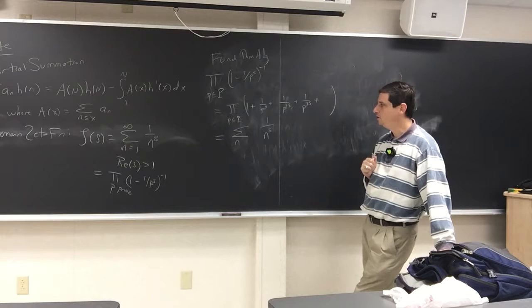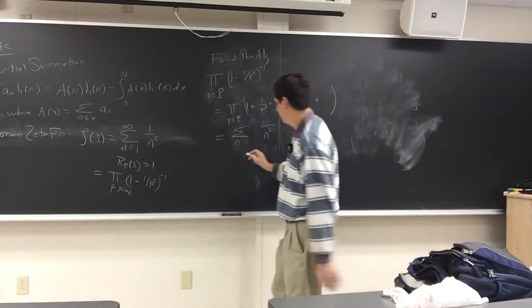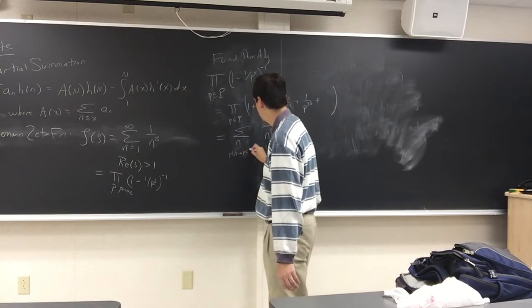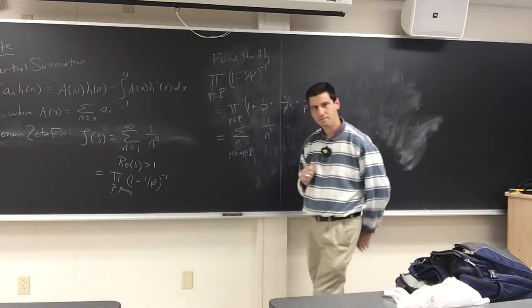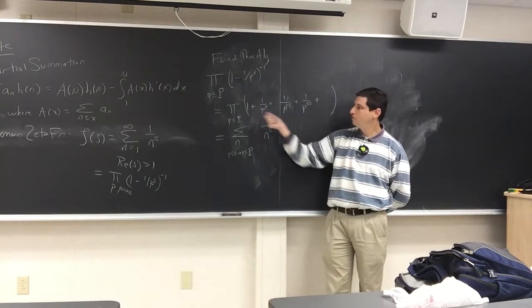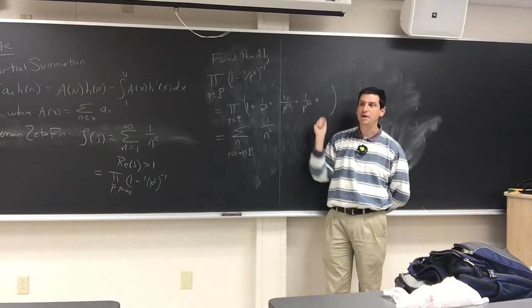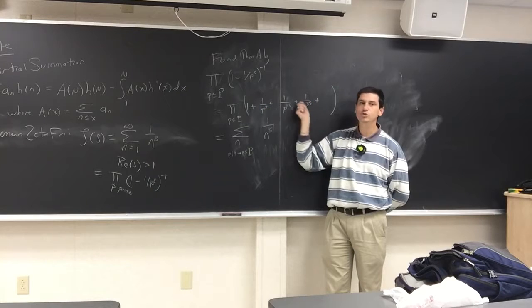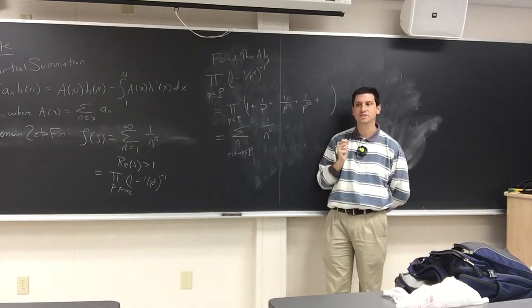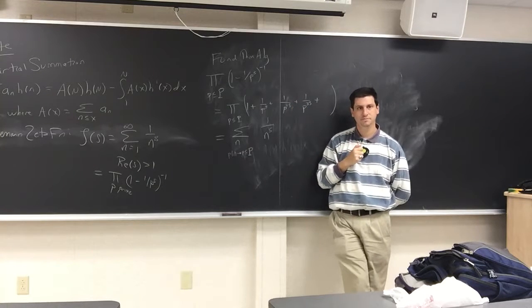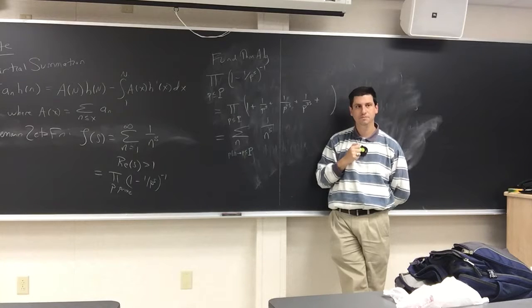I get all n whose prime factors are at most P. That is, p divides n implies p is less than or equal to P. If you have a prime factor that's greater than P, you're not in any of these terms. And by unique factorization, no two terms, when I multiply out, are going to get to the same number. So this will give you a subset of that. Okay?